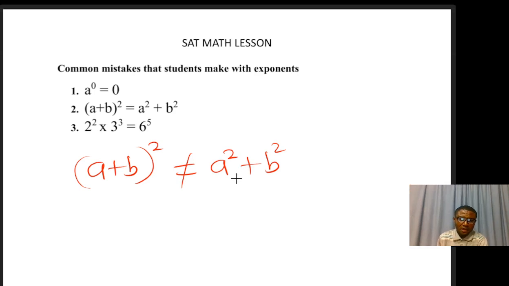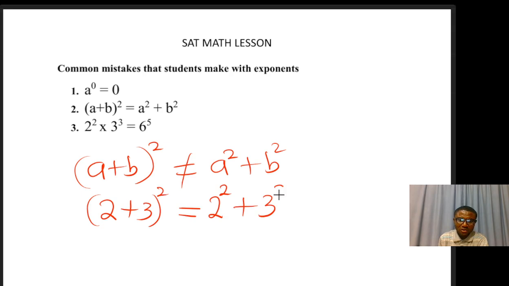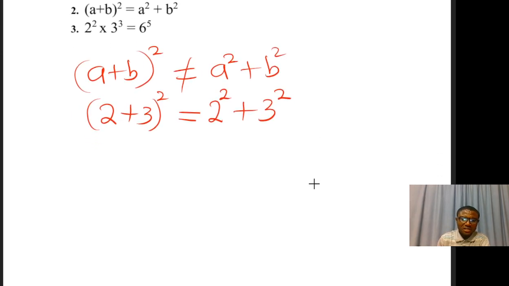Okay, for instance, let me use an example. Let's say this is 2 and this is 3. So 2 plus 3 to the power of 2, and a student is writing it in this form: 2 to the power of 2 plus 3 to the power of 2. They are not the same. Okay, they are not the same.